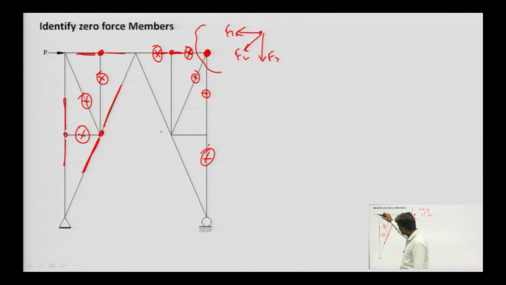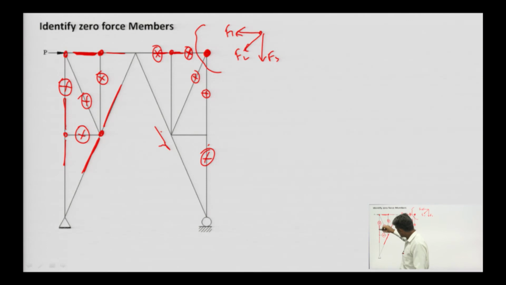Now, look at this joint. Since there is a horizontal force, that load is going to be shared by this member, and this one member is a 0 force member, therefore, that member will also have 0 value of force.